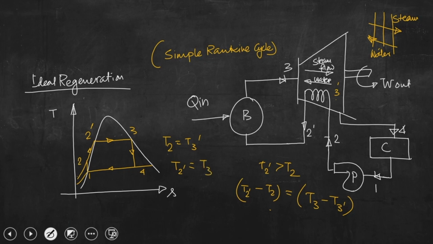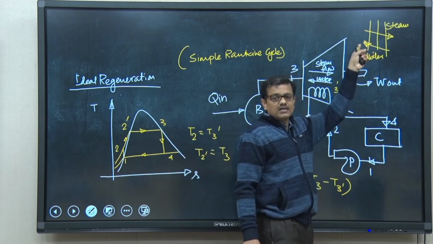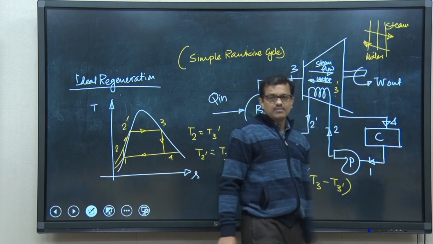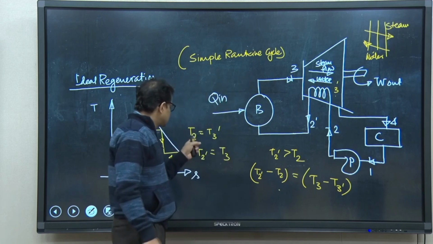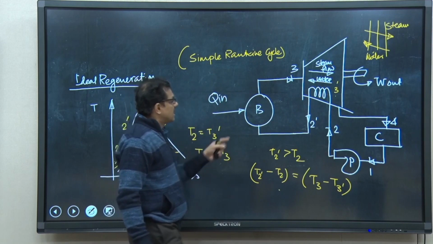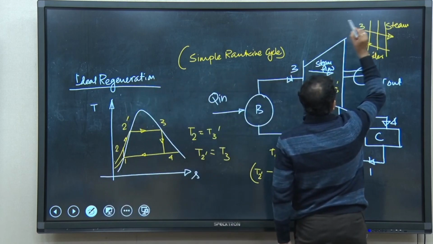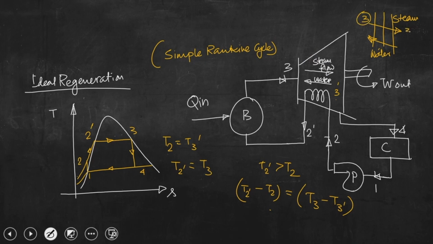So, if we assume that the process is reversible, that at any section the temperatures of water and steam are equal, that is T2 equals T3 prime and T2 prime equals T3, as you can understand. So, this is 3, this is 3 prime, this is 2 and this is 2 prime.